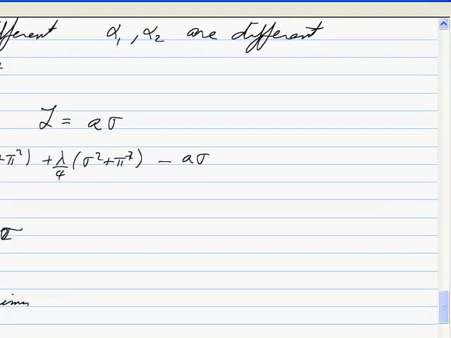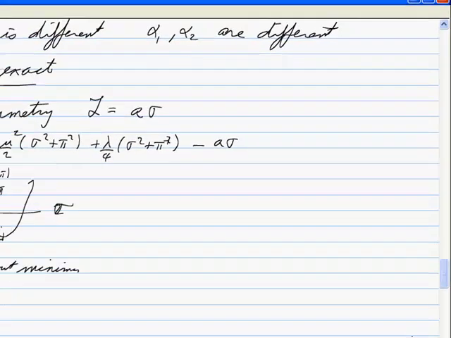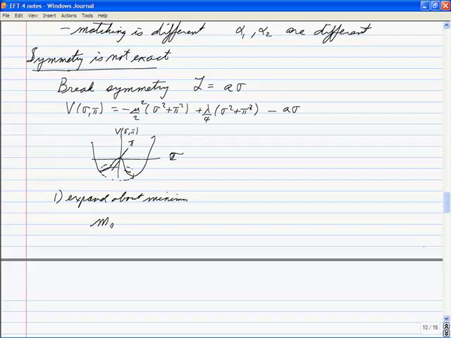I have 6, 7 lines of algebra to do it. But you end up with m pi squared is A over the vacuum expectation value, to first order.